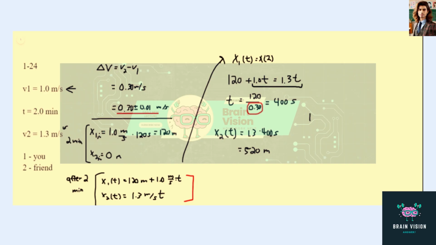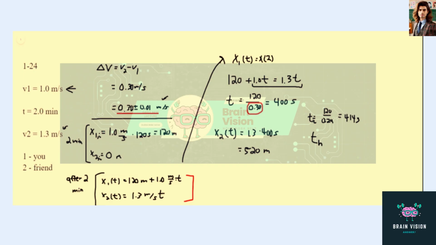If we have these two velocities, our two times, so time low is 120 over the negative error term, 0.29, which finds that the time required for this to occur is about 414 seconds.